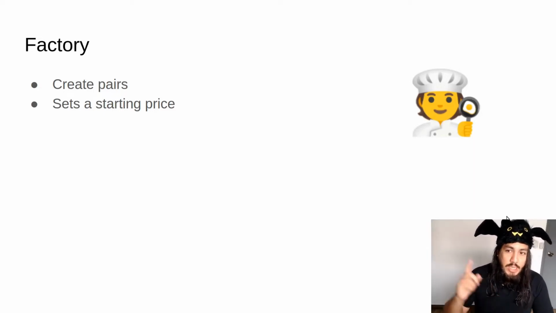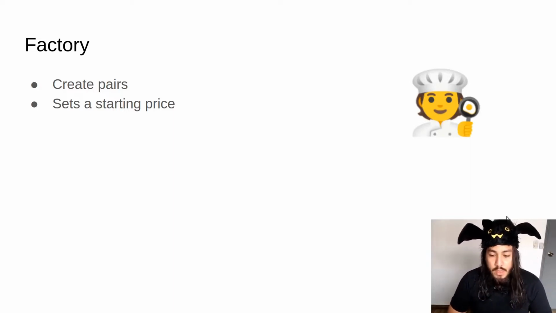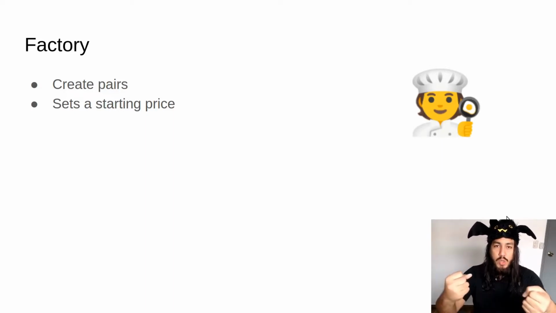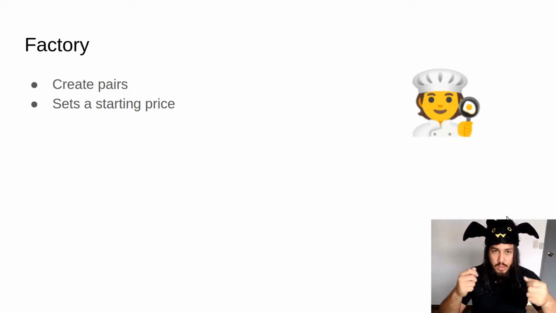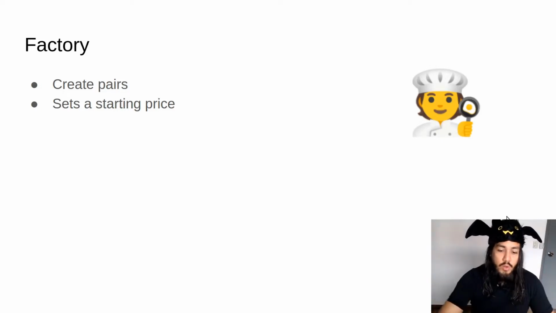The Uniswap factory is a contract that creates pairs. So if you want to create a new pair, you go to the factory and you give it 2 tokens, because the pairs have 2 tokens, so you can make the swaps, and the factory will create a new pair for you. That's the job of the factory.